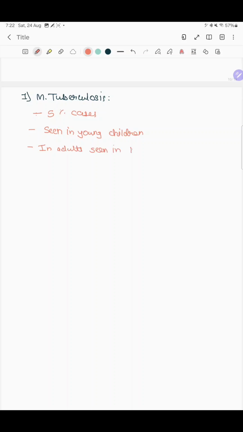So the first is going to be M. tuberculosis. It accounts for about 5% of cases of meningitis. It is seen in young children, and in adults, in those who have HIV.